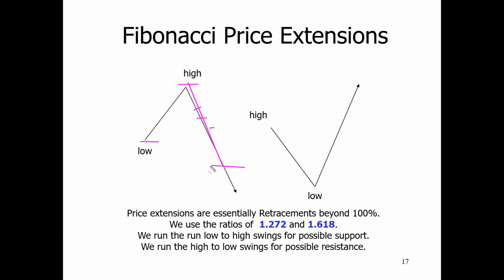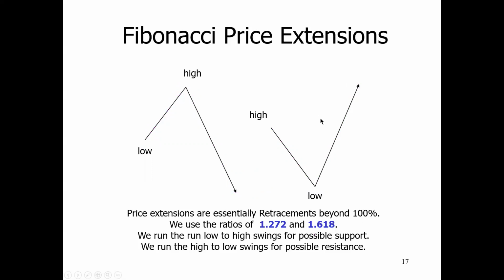The 1272 for possible support if you're measuring a low to a high, or the 1618 down here, if again, low to high, you're going to look for possible support. I'm using the ratios of 1272 and 1618 all the time. Or you can look at prior high to low swings, run the extensions for possible resistance, 1272 and 1618.